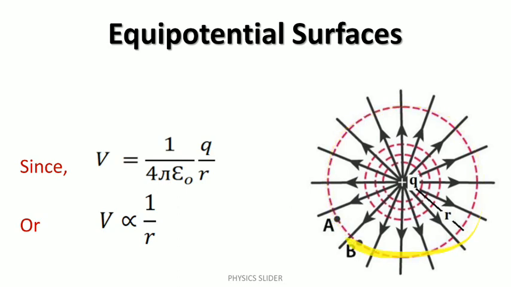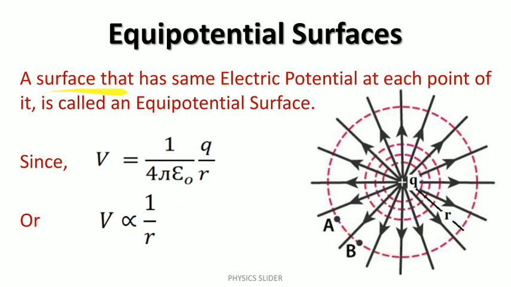So this surface will be called an equipotential surface, a surface on which the potential is equal at each point is called an equipotential surface. So on this surface at each point the potential is the same, hereby we can call this an equipotential surface. That is, a surface that has the same electric potential at each point of it is called an equipotential surface.